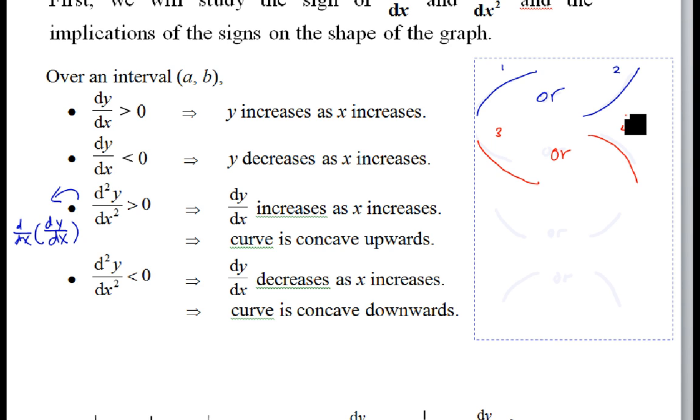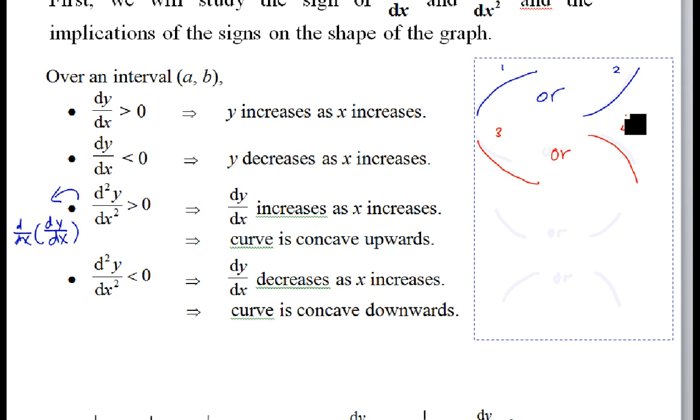Any others? Number 3 as well. You put a ruler there, the gradient increases as x increases. Correct? It becomes less negative, so it's increasing.